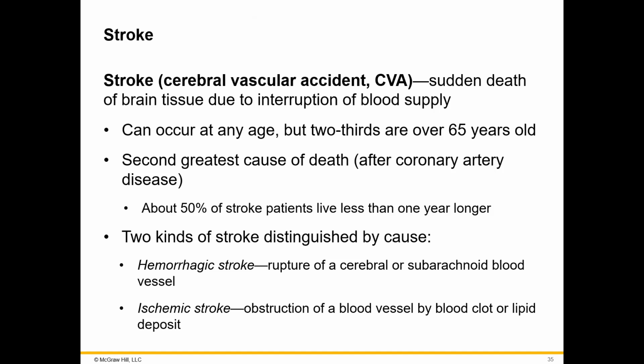So what are the reasons? You can have ischemic stroke. When you have ischemia, loss of blood supply to the brain tissue, you have this tissue dead.